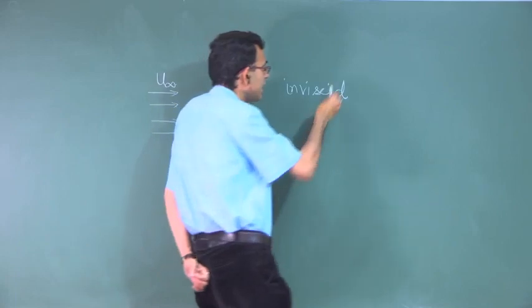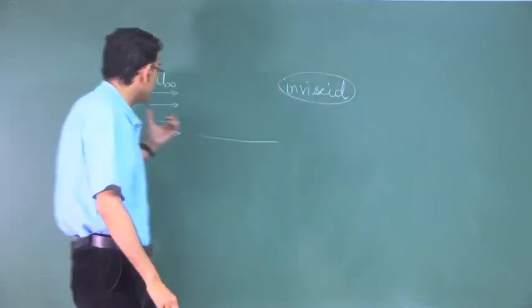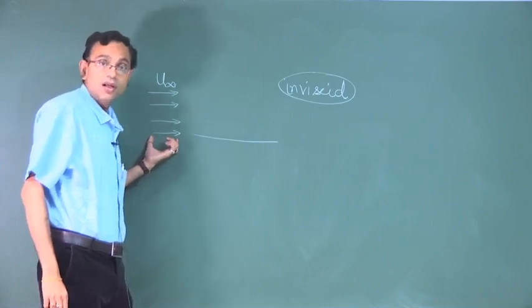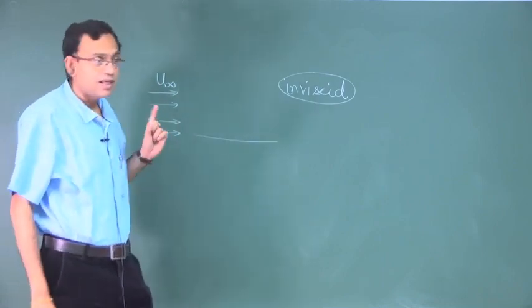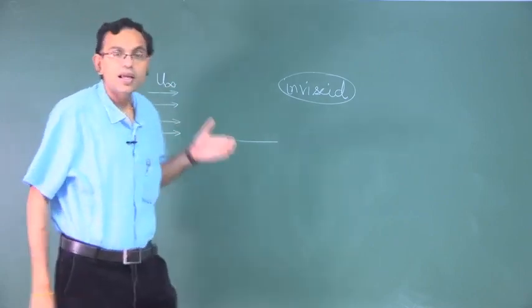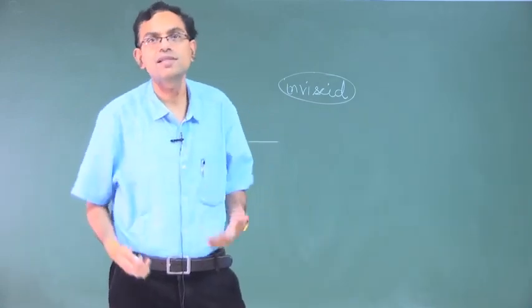So, to that extent this velocity profile snapshot is an inviscid flow. The bigger question is that given this velocity profile snapshot at the entry, can we treat the entire flow after the entry also as inviscid flow?